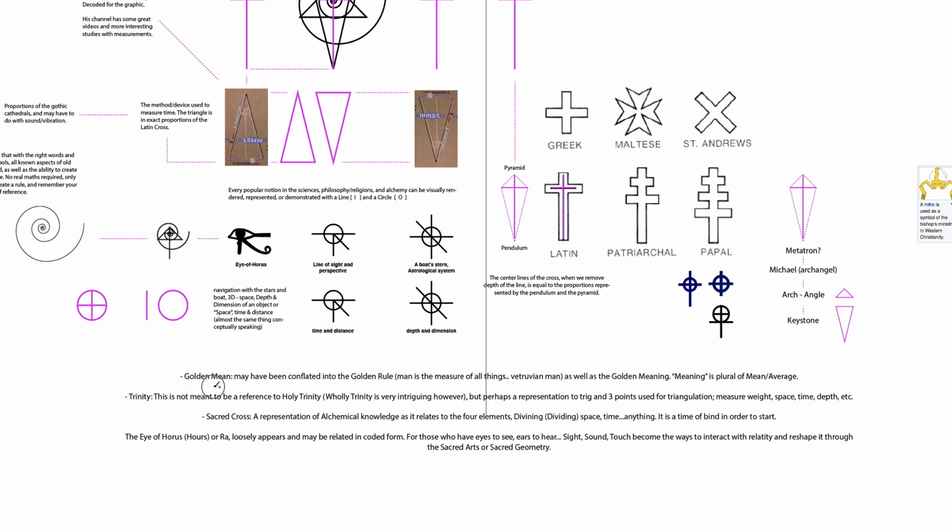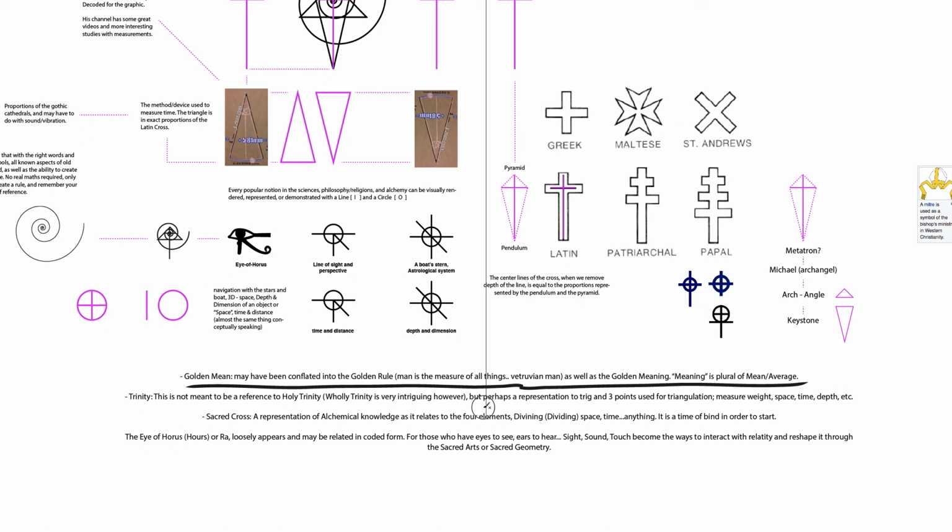So the golden mean may have been conflated into the golden rule. Man is the measure of all things, Vitruvian man, as well as the golden mean. Mean is plural for meaning, or average. So meaning could have been misinterpreted.